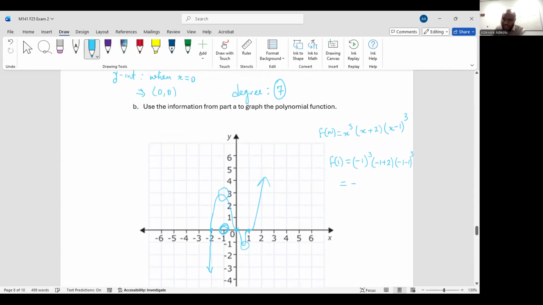So -1 raised to power 3 is -1, times -1 plus 2, that is 1, times -2. -2 raised to power 3 is -8. So that is +8.